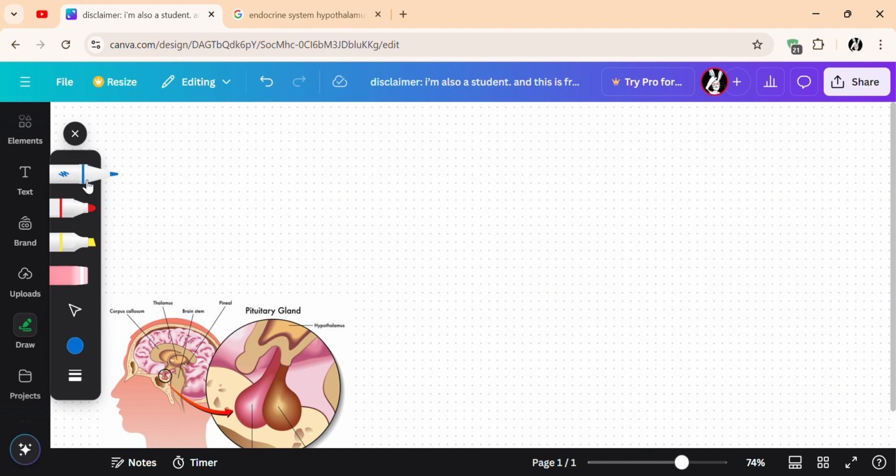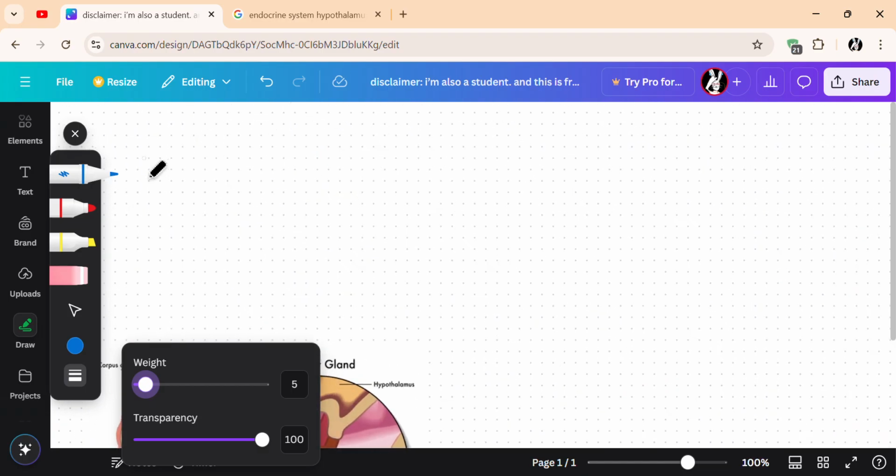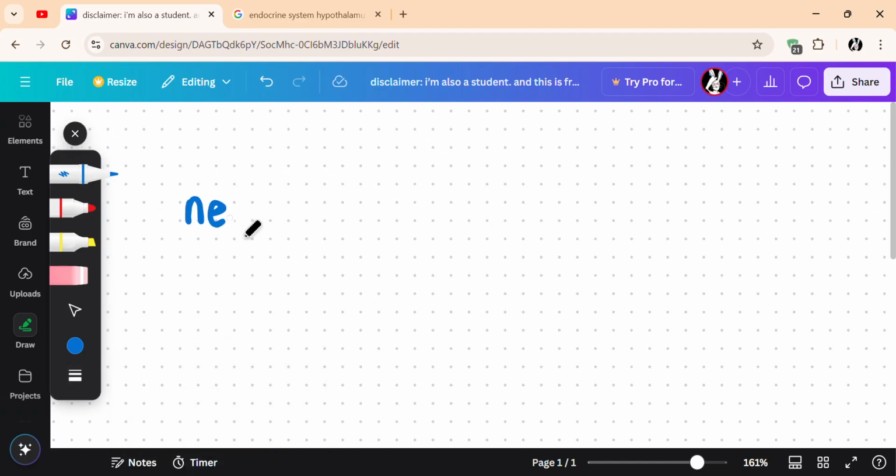Now, there are two ways through which we communicate and signal within our system. One is through neural communication, which is essentially using neurons.